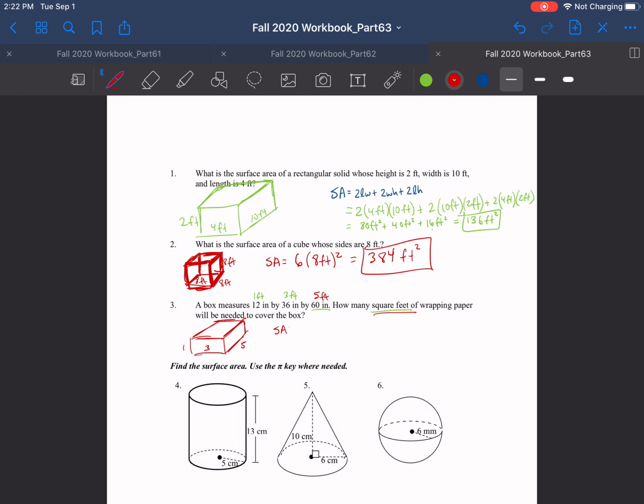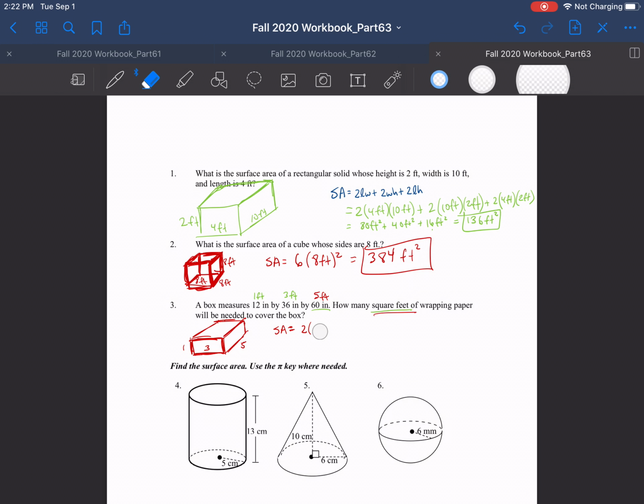And so the surface area is going to be twice the area of the faces, because this front face is there, and it's also back here. So we just double the area of those two faces, and those two faces are 1 by 3. So it's 2 times 1 foot by 3 feet.